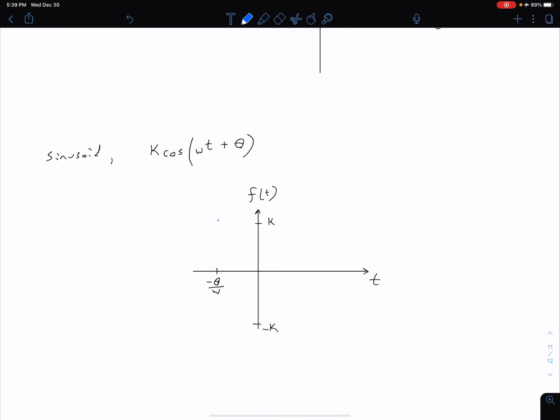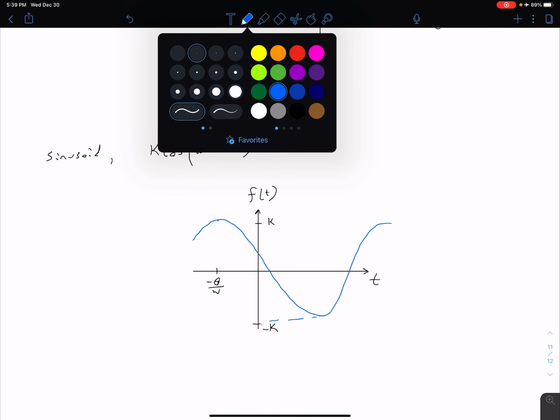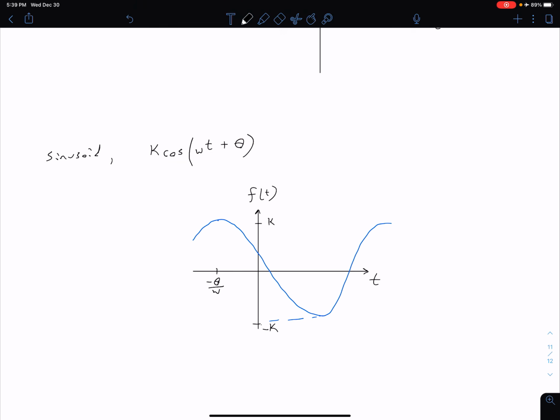So here's our peak. We have something that is going to look maybe roughly like that. Of course that should be going down to our negative k there. This type of input is also going to be useful for both transient response modeling and steady state error modeling.